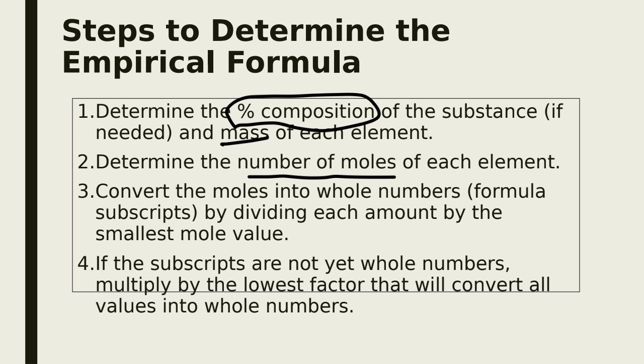Once you know that, you figure out which number of moles is the lowest, and then we divide that lowest amount into all of the other mole values for the elements. So we divide each amount by the smallest mole value, and that is going to give us a factor which relates to the subscripts in our formula.